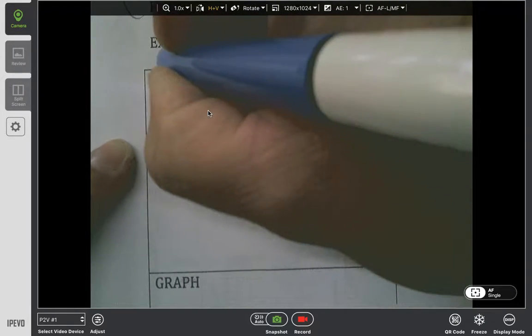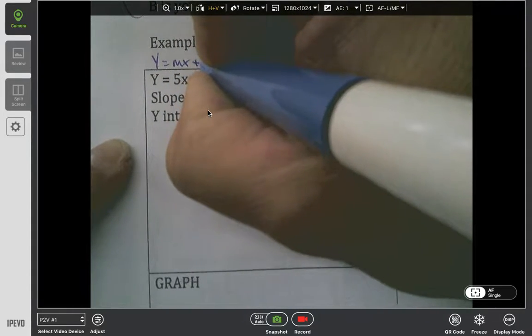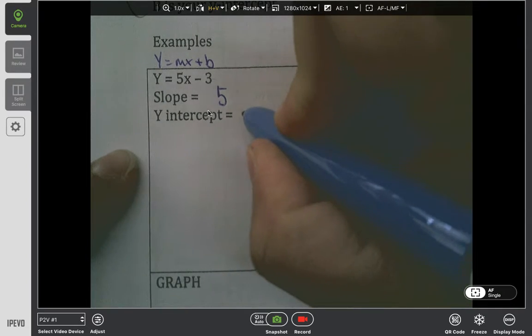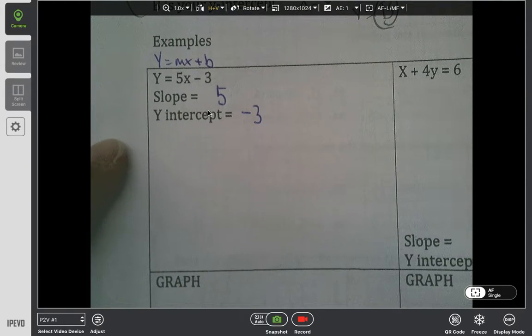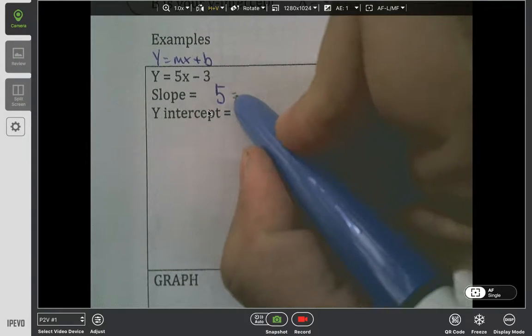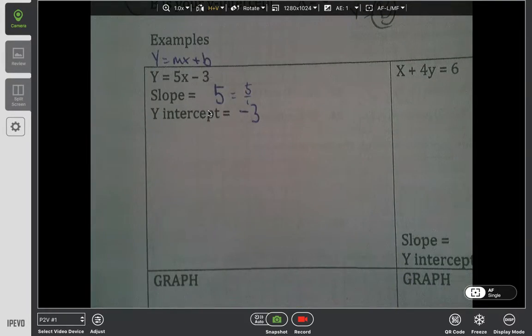So that's your mx plus b. And then what's the y-intercept? -3. Now, a lot of times we write slope as a fraction. So how would you write 5 as a fraction? 5/1.